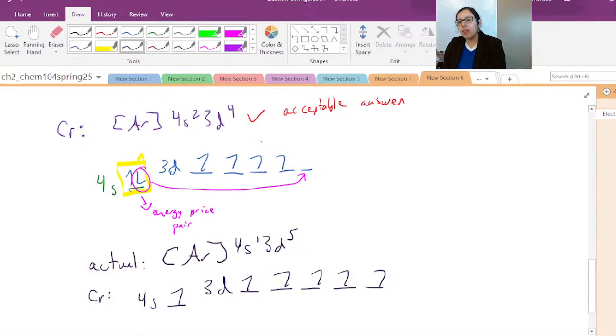I might say, this is what you expect if you fill it normally. However, we find that the electron configuration is actually this. And that's where you want to draw a little diagram like this and be able to explain that. These are really close in energy level, so it was more favorable to have one in each separate orbital versus pairing that 4s.